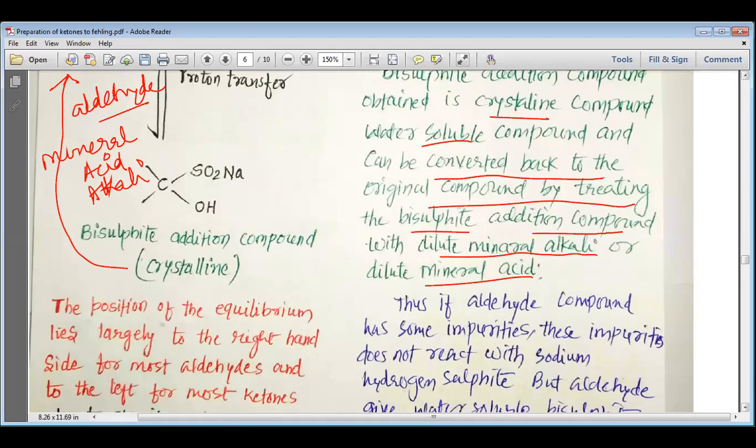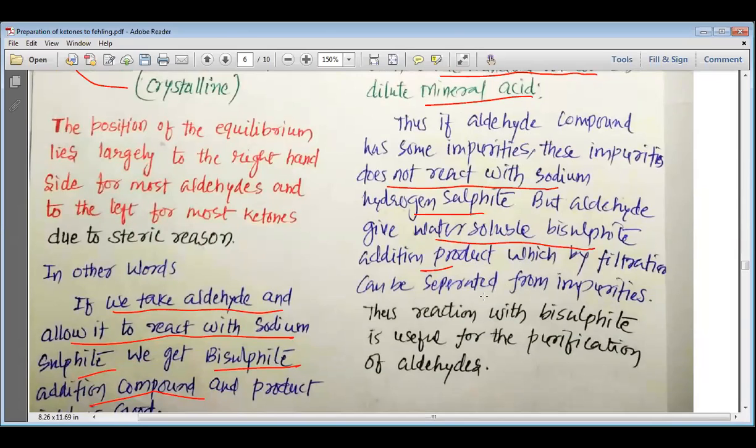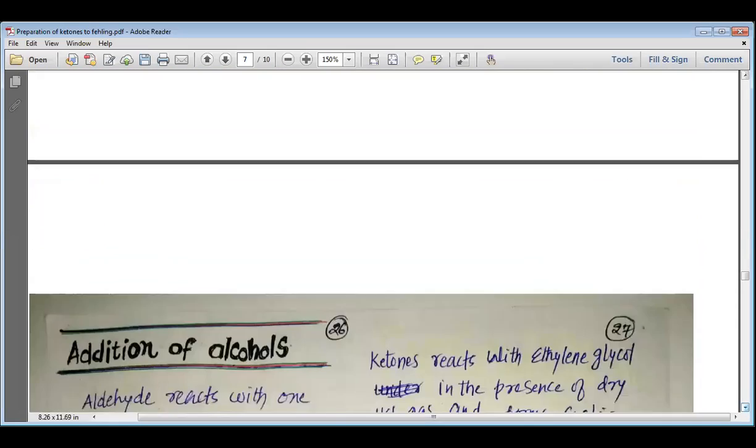Thus, if an aldehyde compound has some impurities, these impurities do not react with sodium hydrogen sulfite, but the aldehyde gives a water soluble bisulfite addition product, which by filtration can be separated from impurities. Thus, reaction with bisulfite is used for the purification of aldehyde, and also for the separation of aldehyde from ketones.